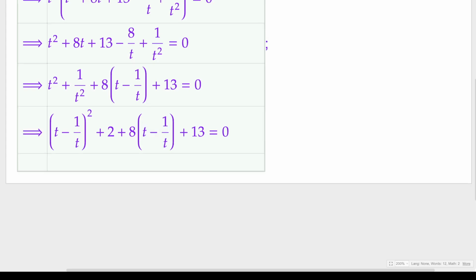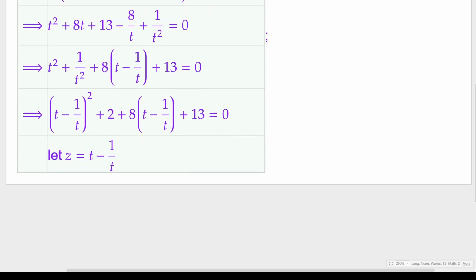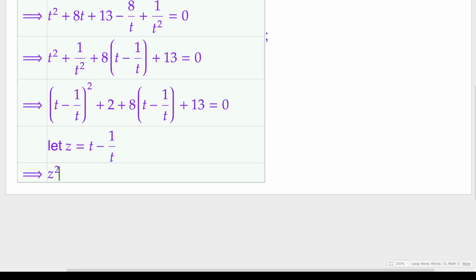So I will make another assumption here. Let z be t minus 1 over t. So this ultimately converts to a quadratic format that is visible to us. This can be written as z square plus 8 times z plus 13 plus 2, that is 15, equal to 0.